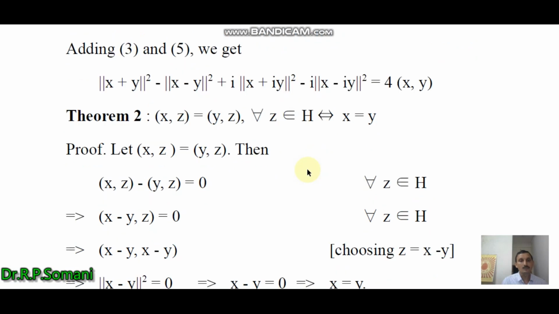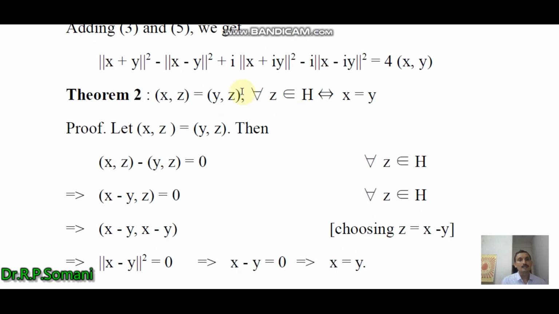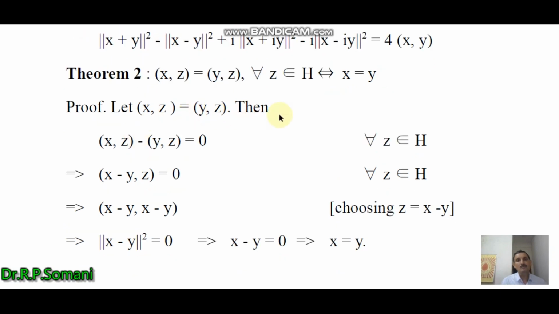Now we prove a theorem: the inner product (x, z) equals (y, z) for all z belonging to H if and only if x equals y.